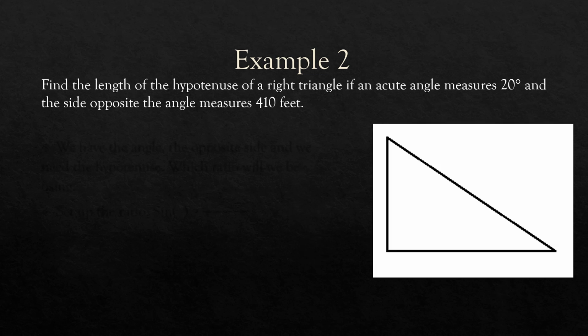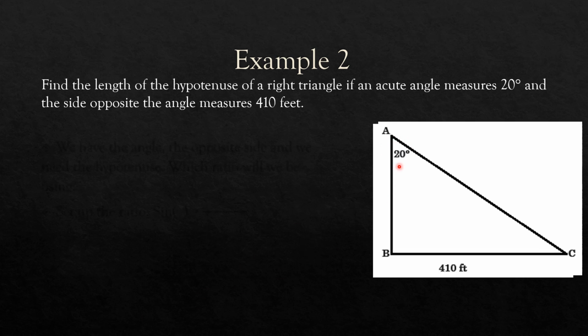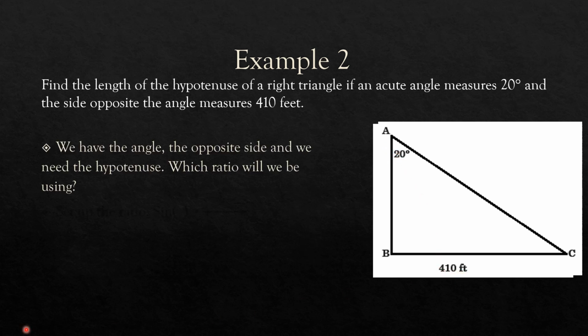Here's our triangle. We can put either of these as our 20 degrees. I'm going to choose this one up here. So now I've put in my 20 degrees, so the opposite is going to be 410 feet.